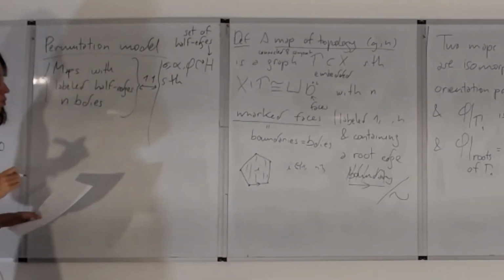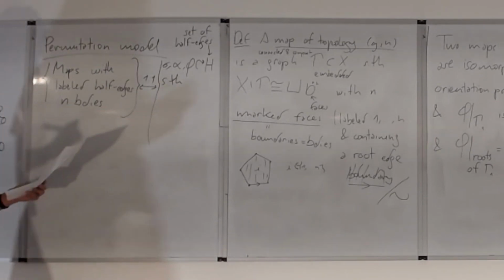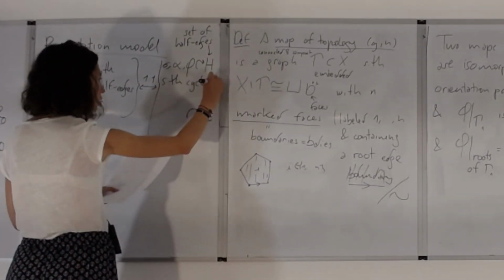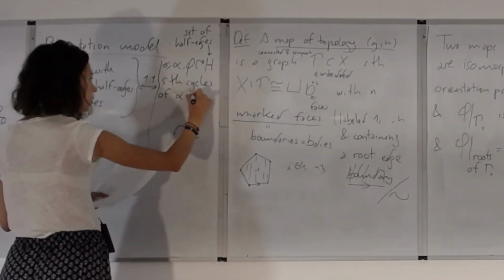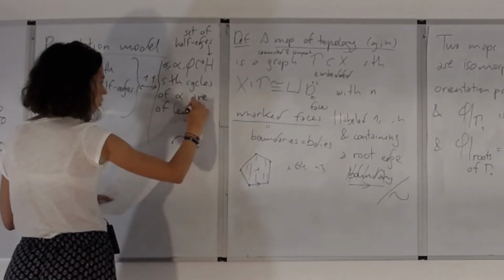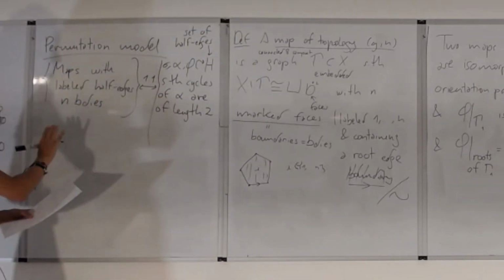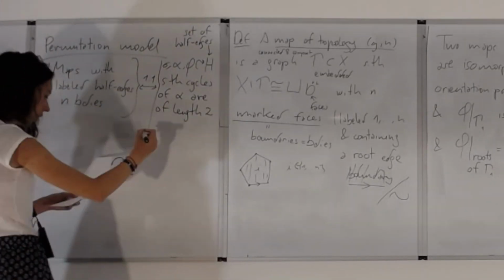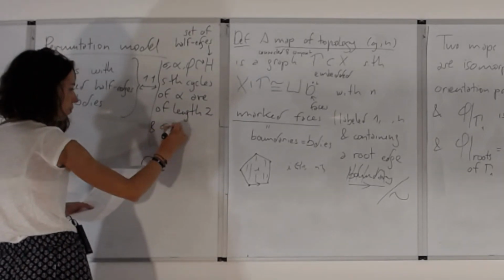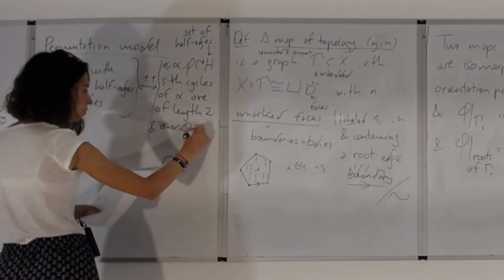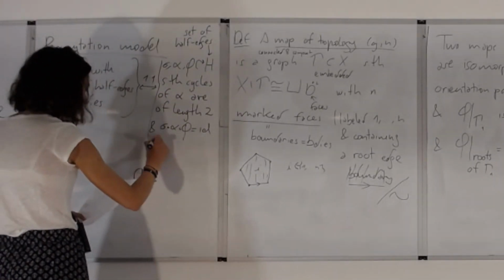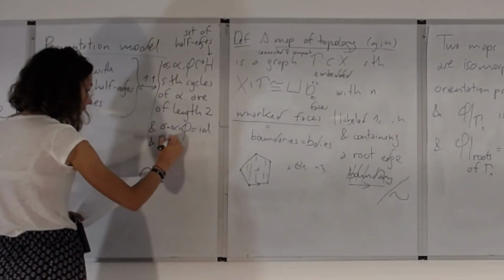And then we impose that the cycle type of alpha, the cycles of alpha, are all of length 2. You will see why when I explain the correspondence if you're not already seeing it. And then we also want that these 3 permutations, when you multiply them, give you the identity permutation. And that you have n special half edges.